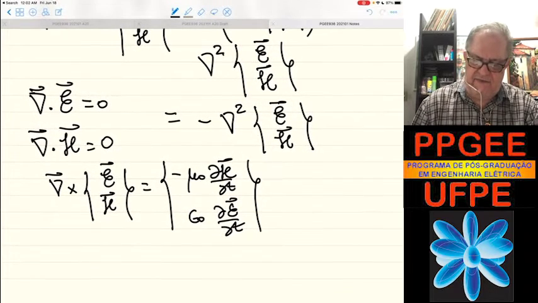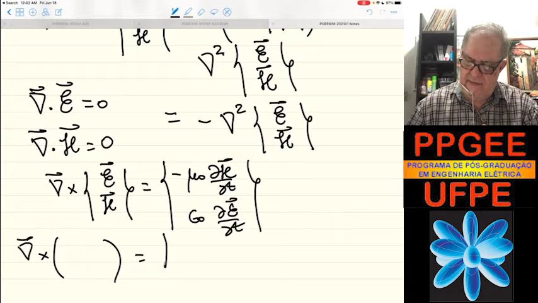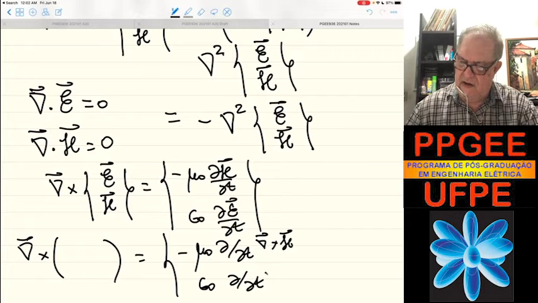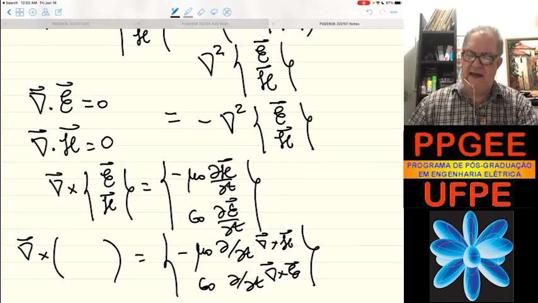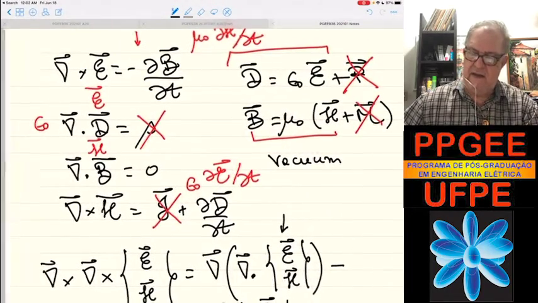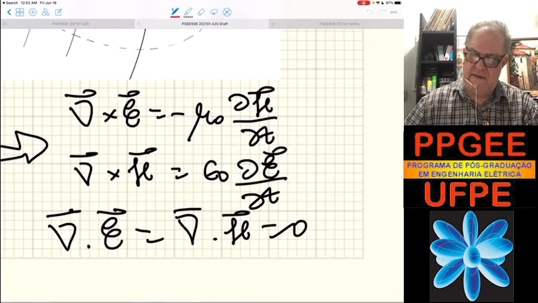So the curl of it on each side yields minus mu 0 d/dt of the curl of H, or epsilon 0 d/dt of the curl of E. Now this in turn, let's take a look here.